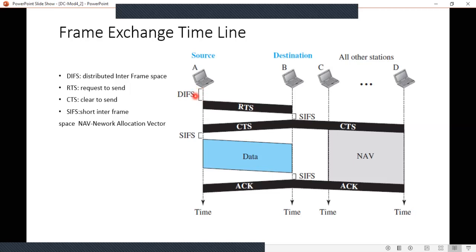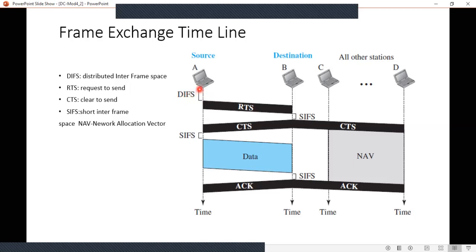It is nothing but the DCF interframe space time. This DCF is nothing but the distributed coordination function, a protocol specified by the IEEE. Else you can say it as distributed interframe space also.